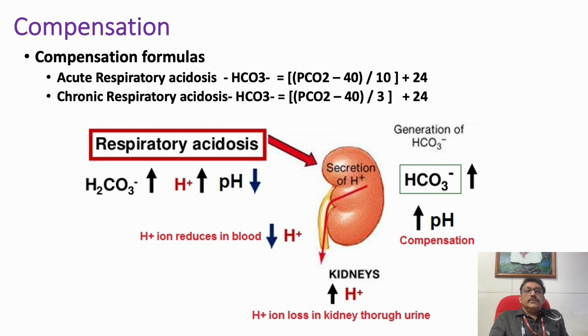In acute respiratory acidosis, you can calculate bicarbonate as (PaCO2 minus 40) divided by 10, plus 24. In chronic, it is (PaCO2 minus 40) divided by 3, plus 24. We can calculate this bicarbonate compensation from the PaCO2 itself, and see the clinical scenario, whether it is an acute or chronic respiratory failure.